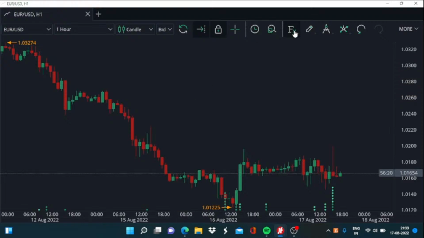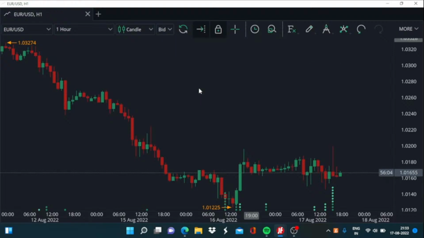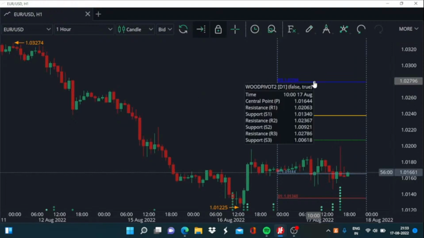I will plot the Woodie pivot point. Here it is, Woodie pivot is drawn for the daily time frame.